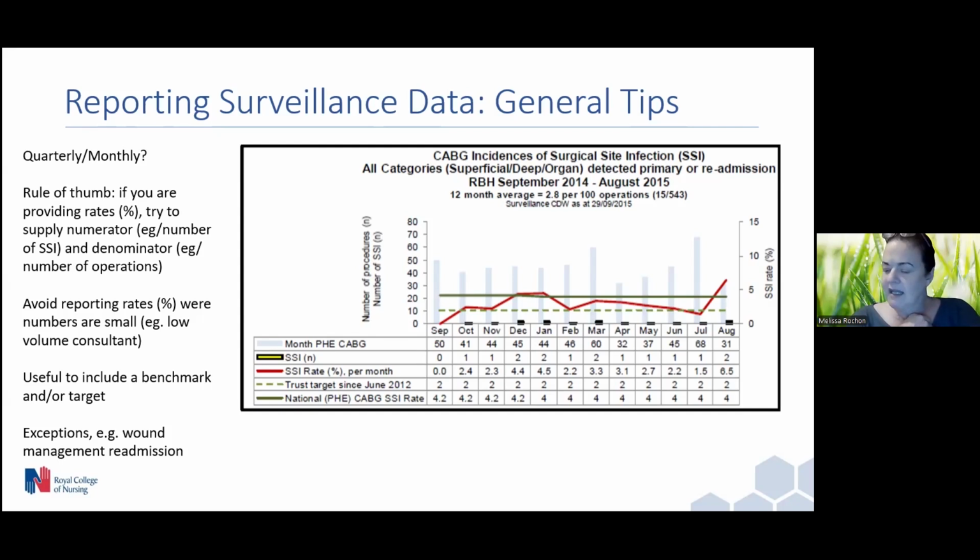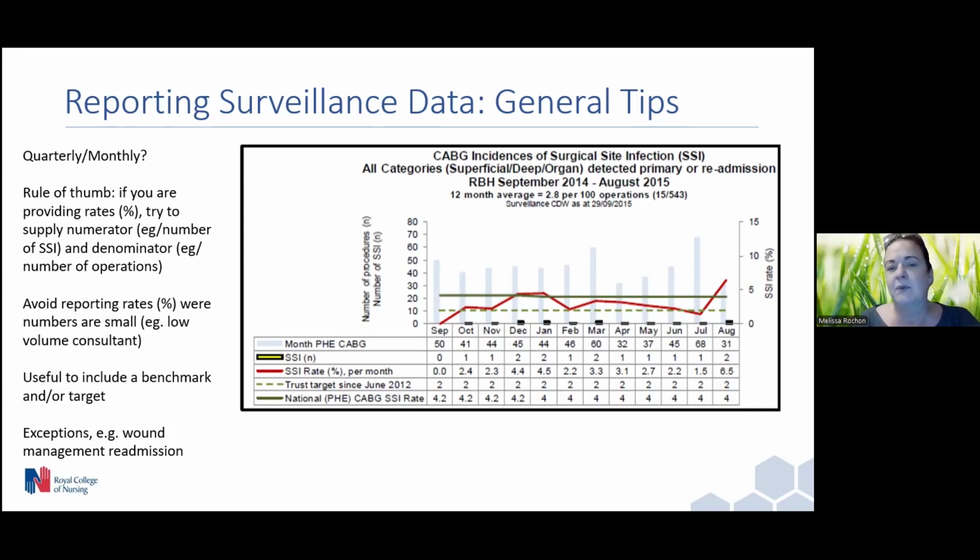Just as an aside, the other thing is around exceptions. If you're reporting 0 SSI in the rate, like in September on the far right, but there are patients sitting on the ward readmitted with a VAC in September, it's really useful to put some line of context as an exclusion.